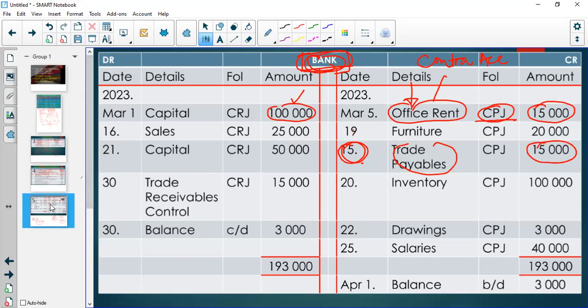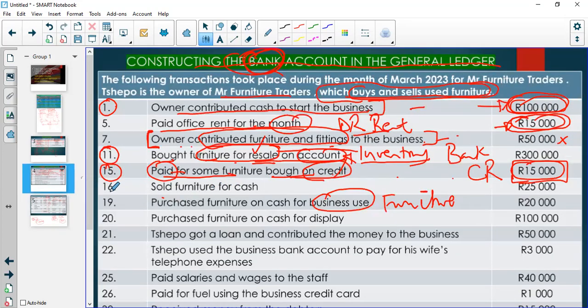And then on the 16th, we sold furniture for cash. So we received cash, and obviously, whenever we receive cash, we debit the bank account. But because this is furniture that we sell, it's going to be part of our sales.